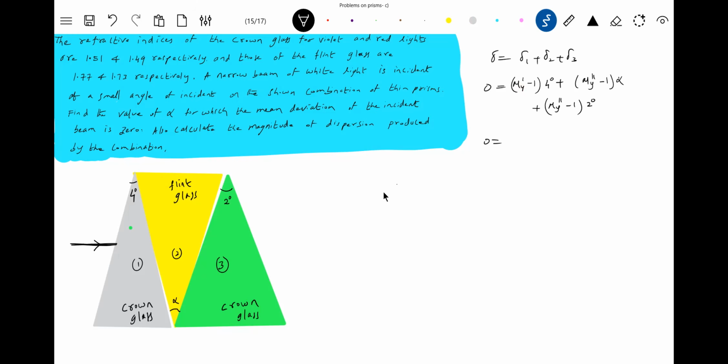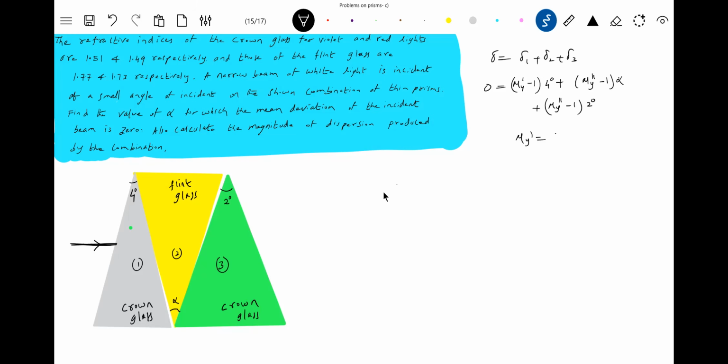What is mu I? We don't know mu I, no? Mu I is given by, for the crown glass, we should calculate the mu I. Okay, both are crown, no?